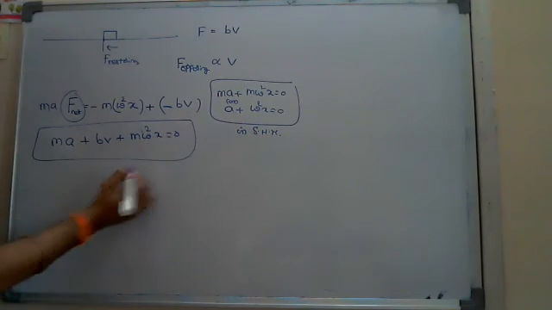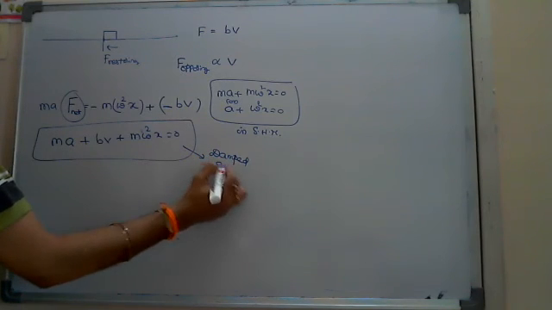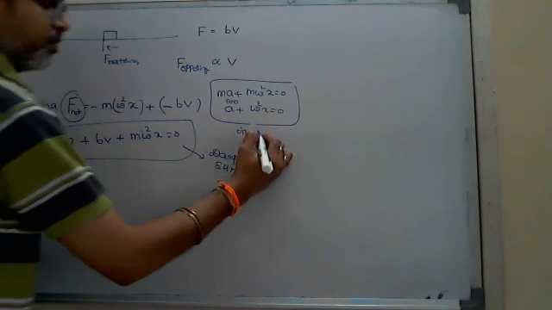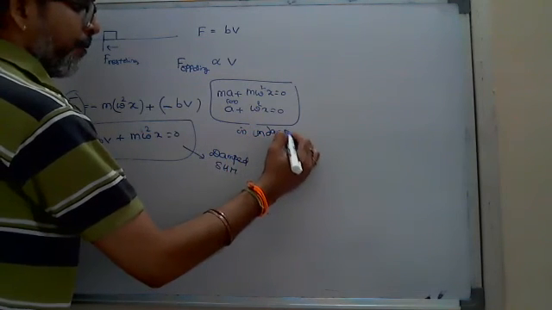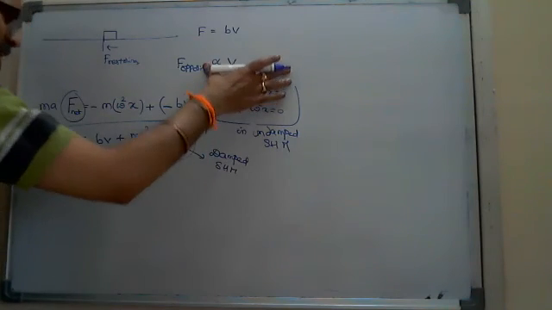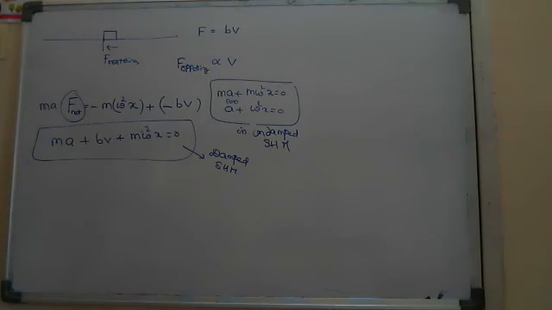It is also SHM, but damped SHM, and this is an undamped SHM. This is the difference. Majority of problems we solve are related to undamped oscillations, means undamped SHM, simple harmonic motion.